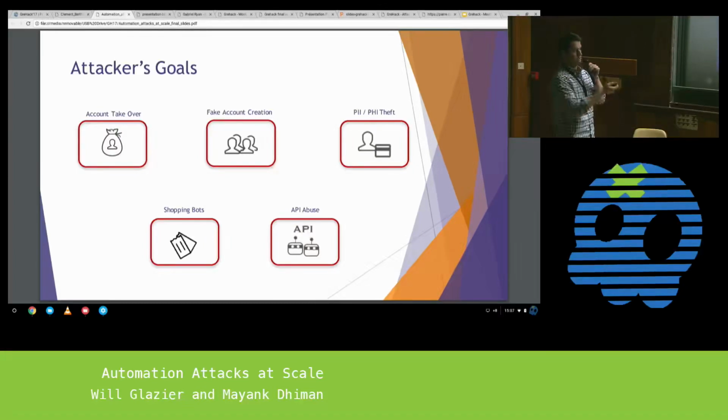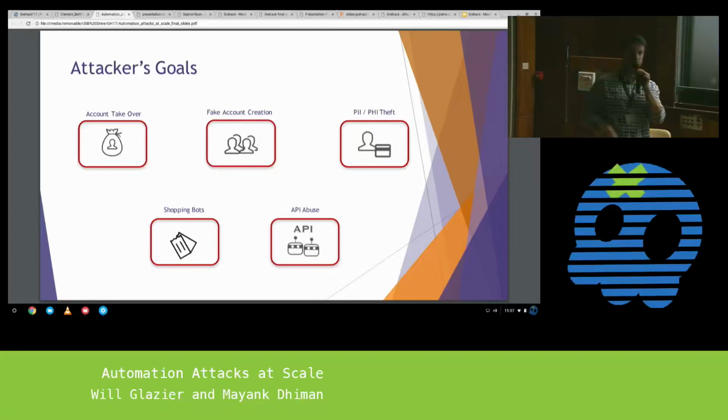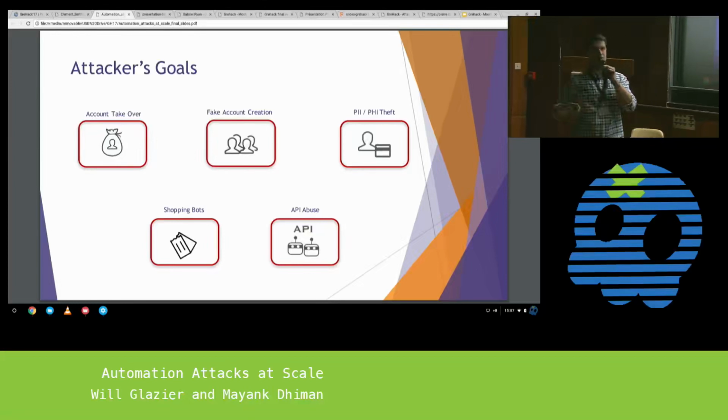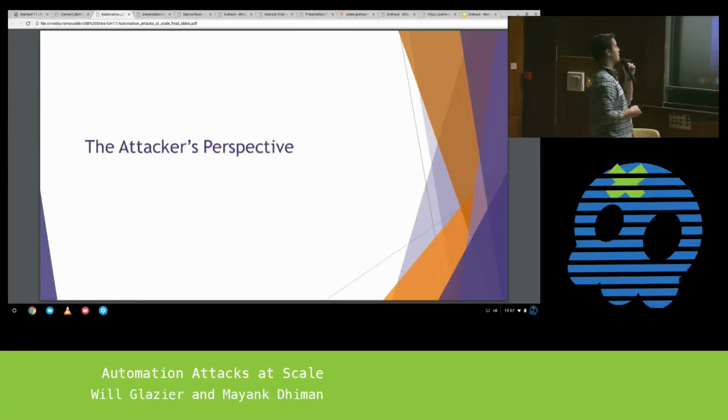Steal your personal information, data from a site, scrape it. Things like shopping bots, where you're going to a site that sells tickets for a concert or for a sporting event, and as soon as those tickets become available for sale, you write a program that buys them all up, and you resell them for even higher value.